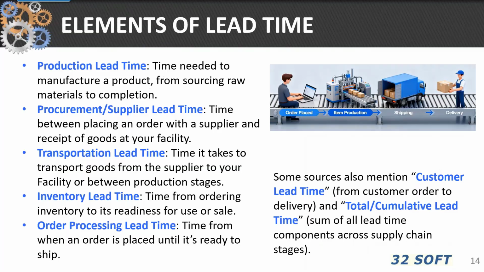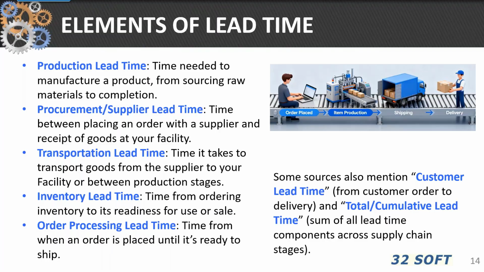Once we've come to grips with demand and demand variability, we need to consider over what period that demand or demand variation will occur in our modeling of safety stock. The next element of safety stock is referred to as lead time. There are several types of lead time: production lead time, procurement lead time, transportation lead time.